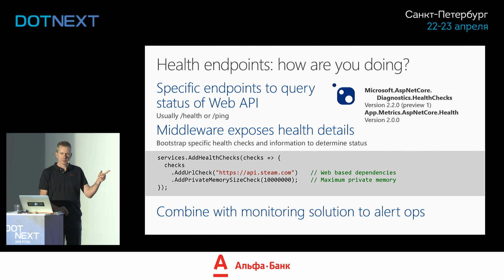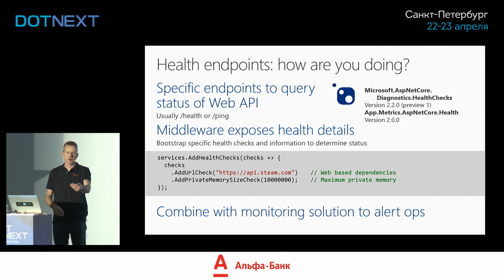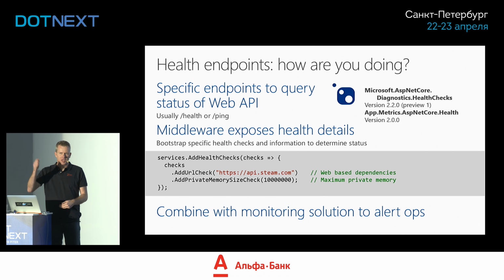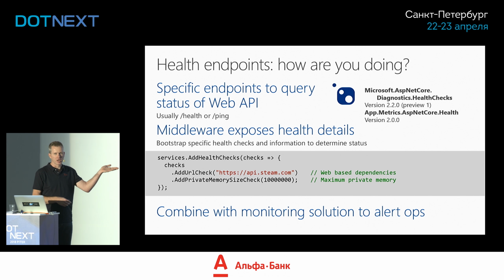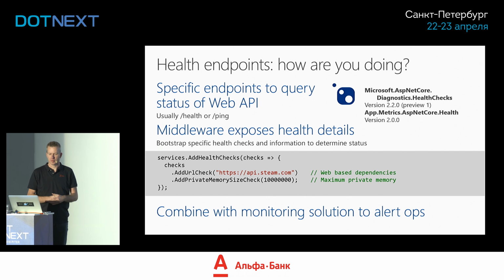Talking about health is pretty common, where you can ask your web API, how are you doing? It's usually located at /health, which gives you a status: unknown, healthy, unhealthy, or somewhere in between. And you can define yourself what type of health checks you want in your implementation.